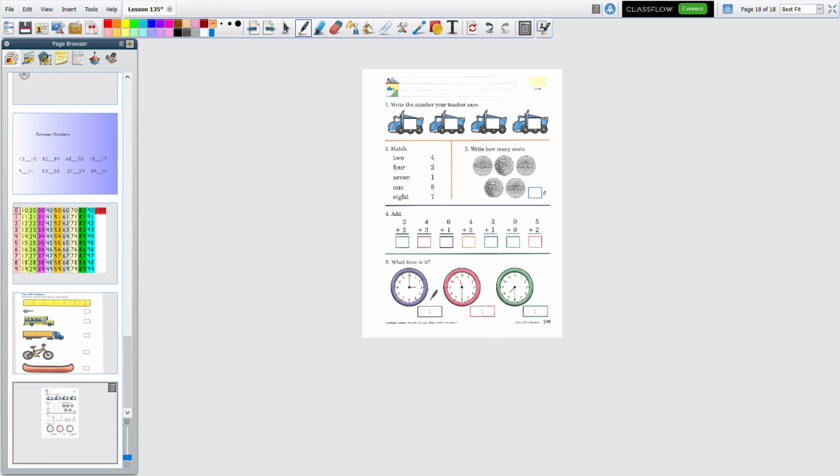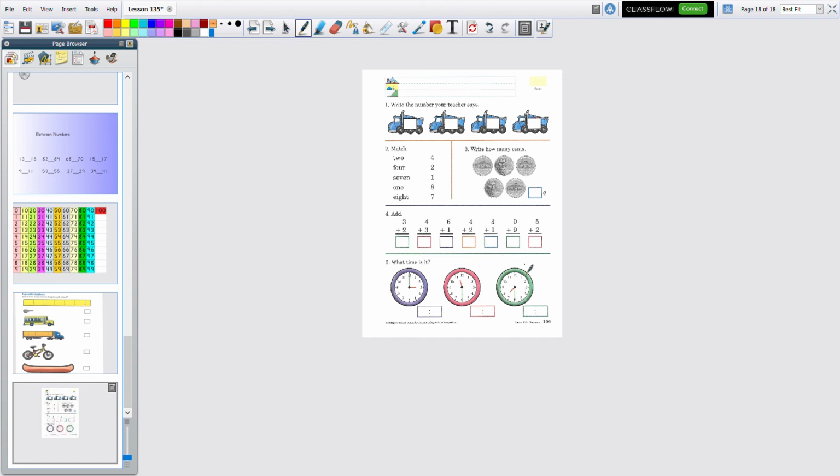Down here, look at the clocks. We have the short hand this way and the long hand that way. So down here, write the time for each one. This one is here, and the long hand is down there. This one is pointing here, and the long one is down.